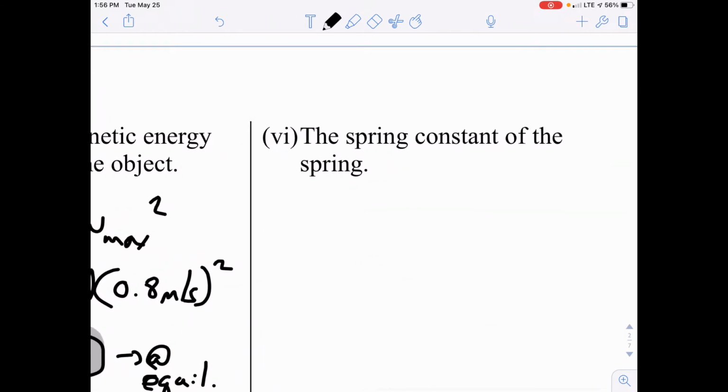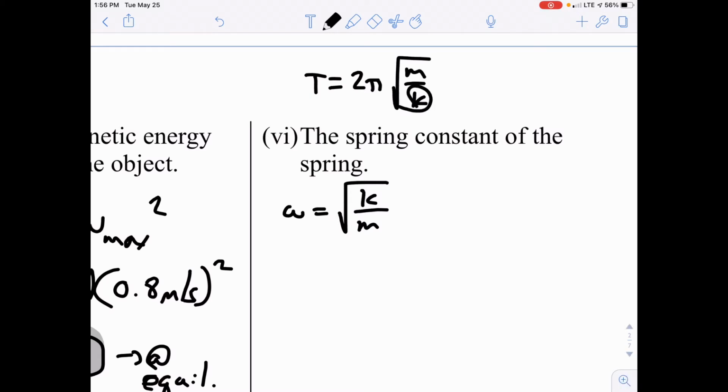Well, the spring constant can be found by relating omega to the square root of k over the mass. And if you don't remember this, just go to your 2 pi equal to the square root of m over k equation and solve it for k. You can do it that way. I prefer to do it this way. It's a lot less work.